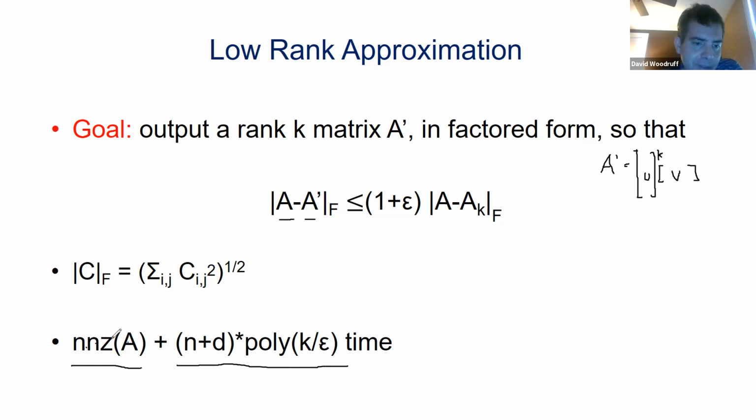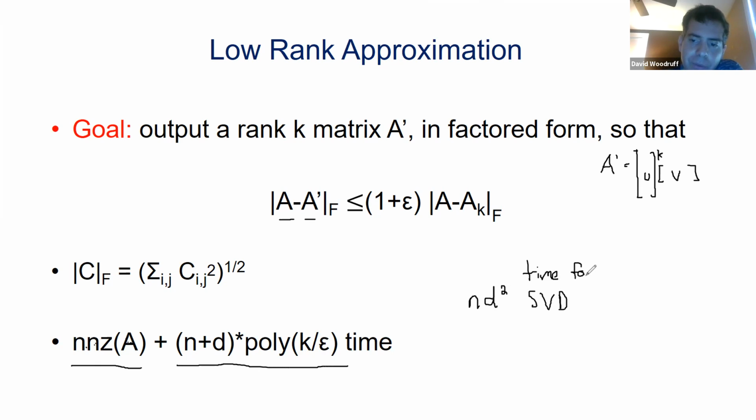So nnz of A could be as large as nd if you have a dense matrix, but even that would be faster than the SVD. The SVD is nd squared time, and for sparse matrices, this is significantly faster. This could be order n plus d.